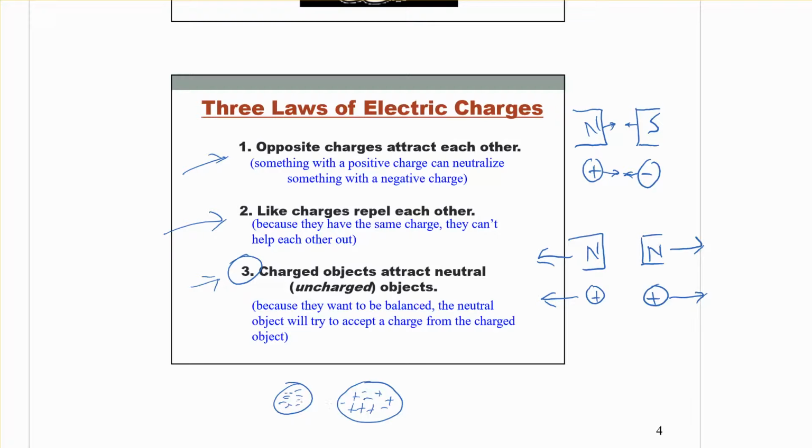Well, the reason for that is because this thing's really negative. What happens is that the different charges inside this thing rearrange. The protons don't move, remember, so they all stay exactly where they were. But when this thing comes close to this other thing, these electrons push the other electrons in this neutral object over to the right side. And then what's left is mostly positive on the left side. Now they're going to be attracted. So that's why number 3 is true.